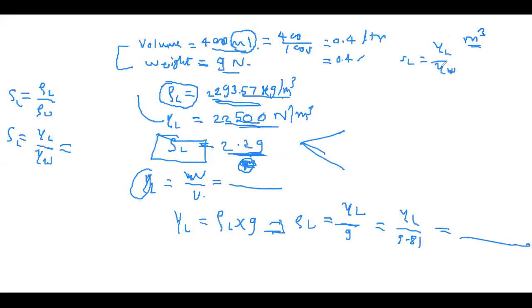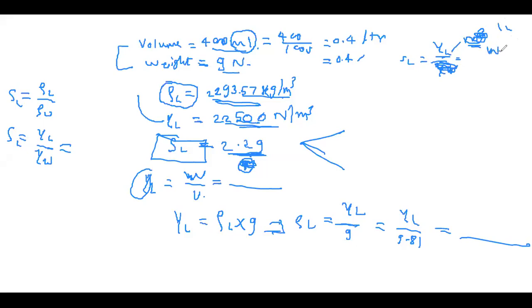Now here you are dividing the weight density of this liquid by the weight density of water. The volume of both liquids will be the same. Let us say 1 liter and 1 liter. So this 1 liter will get cancelled here and here.